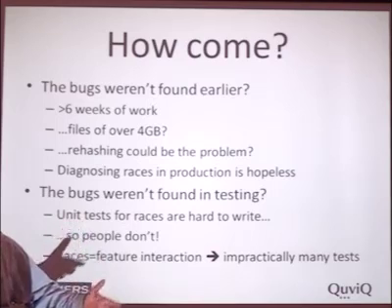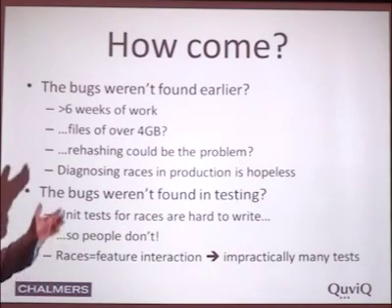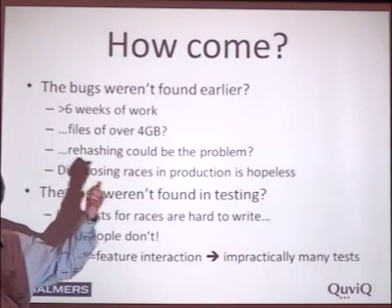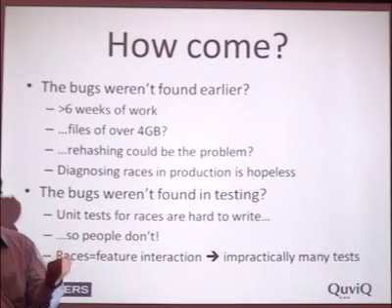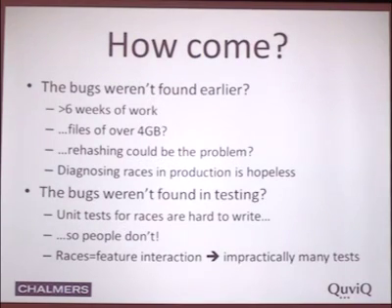If you're going to start testing for feature interactions, 2 features at a time, you're going to need n squared tests. 3 features. Think of the premature end of file test. That had 3 things concurrently. Now you've got n cubed tests to write. It's not practical to write so many unit tests. So I think you simply can't test for this kind of problem by writing tests by hand.